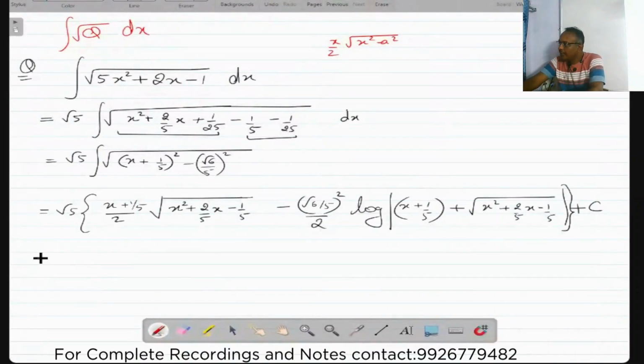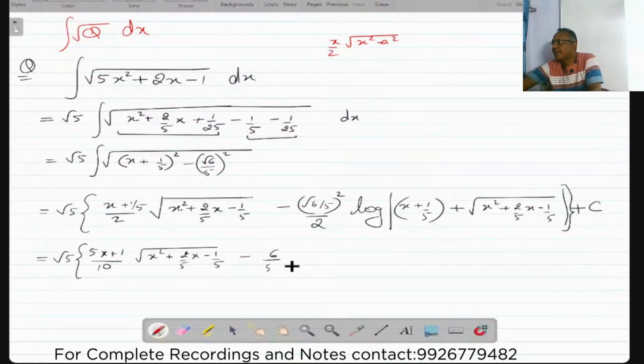No, need to simplify it a little bit. This becomes 5x plus 1 by 10, x square plus 2 by 5x minus 1 by 5. This is 6 by 25, 2s are 50.